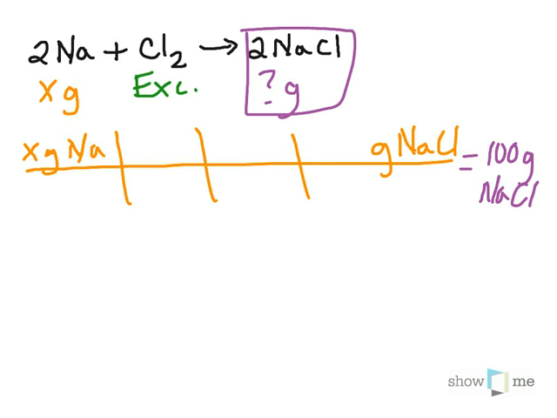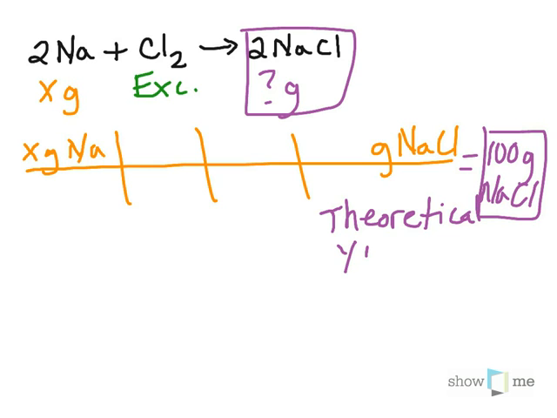But if my reaction was perfect, stoichiometry basically tells me what should happen. We call this the theoretical yield. In theory, this is what we should get, 100 grams. So stoichiometry tells you what would happen in a perfect world.